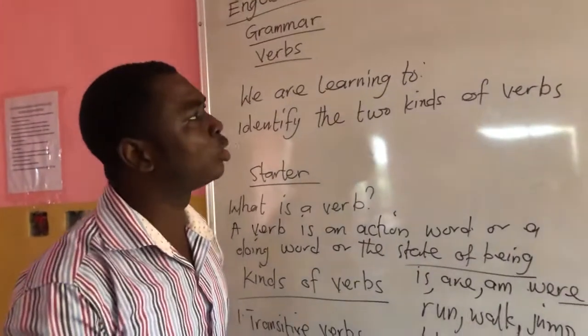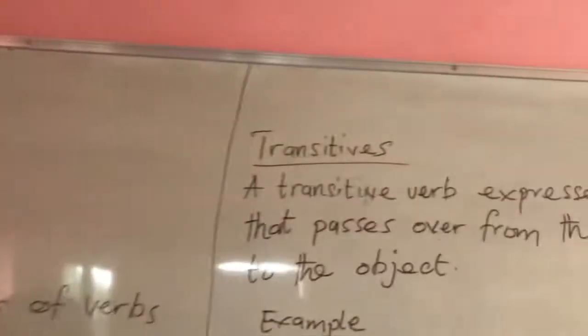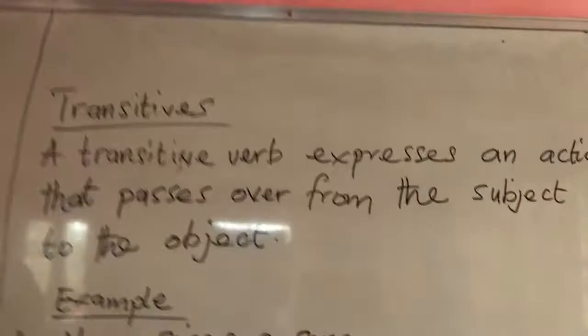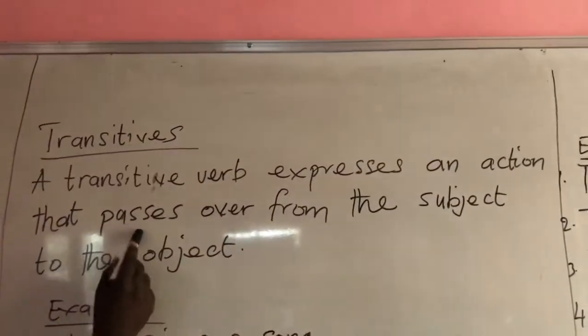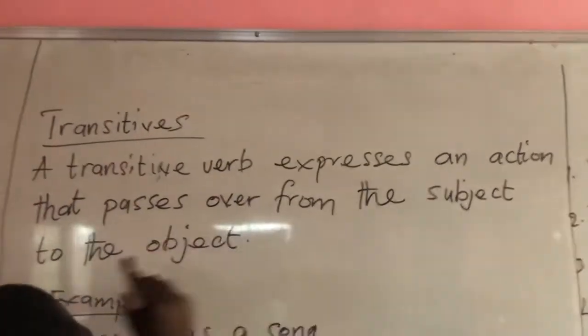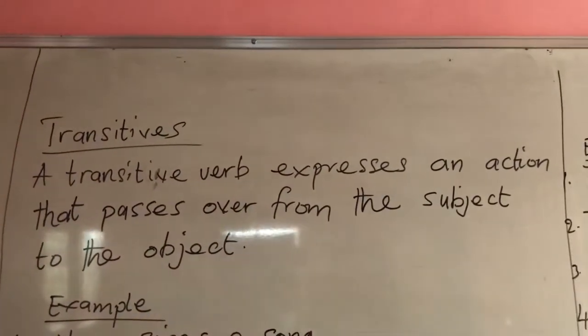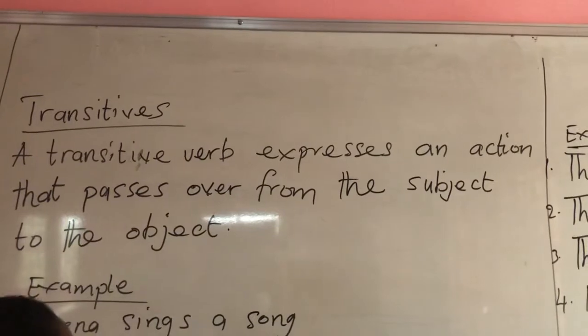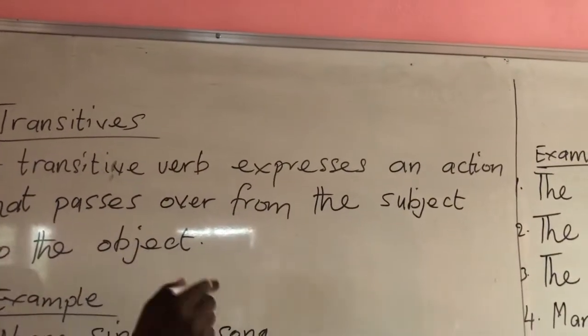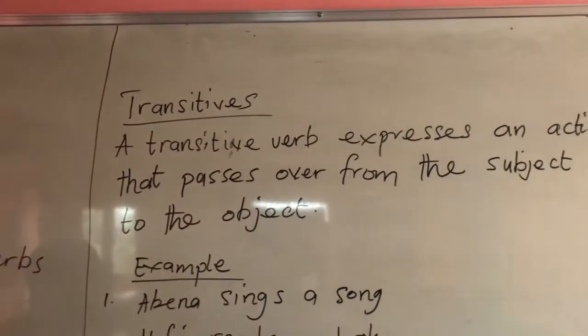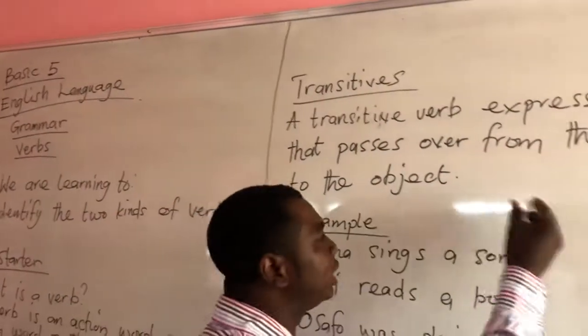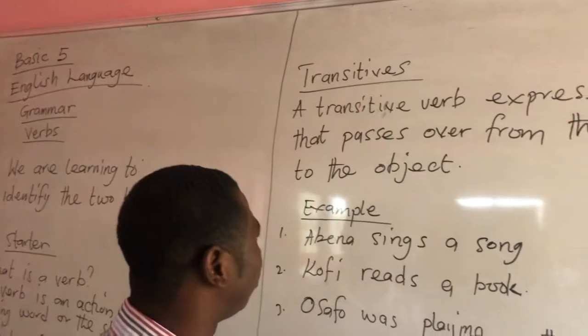So let's talk about transitive. A transitive verb expresses an action that passes over from the subject to the object. When we say subject, it is the one doing the action.